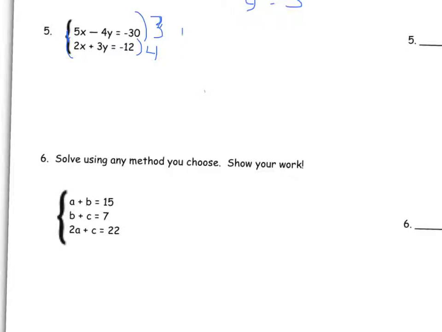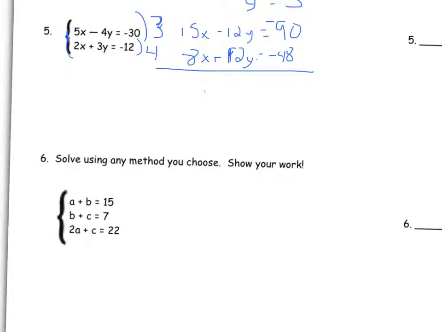So that gave me 15x minus 12y equals negative 90, and 8x plus 12y equals negative 48. So check, did you make a mistake there? Now I'm going to add down.